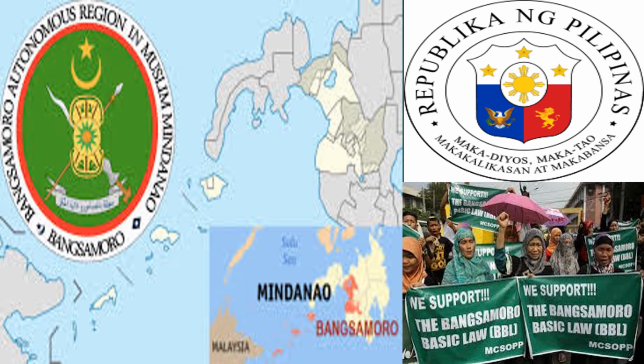We can also give an example in the Philippine context, the Bangsamoro Autonomous Region in Muslim Mindanao. It is called a nation, but it cannot be called a state because it is under the sovereignty and power of the Republic of the Philippines.